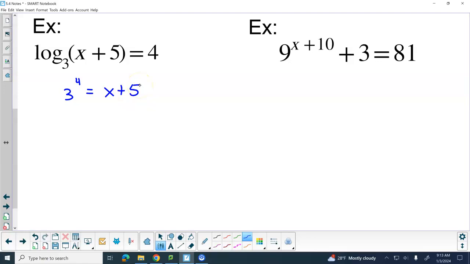So there's the switch: 3 to the 4th power is 81. Subtract 5 from both sides, and I get 76 as the answer. 76 plus 5 is 81. 3 to the 4th power is 81. Log base 3 of 81 is 4. Yes.